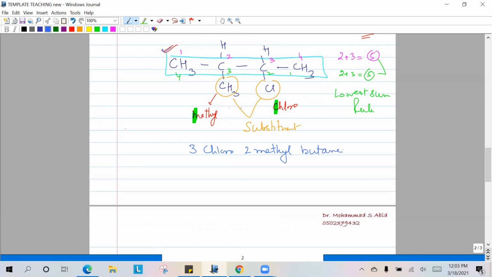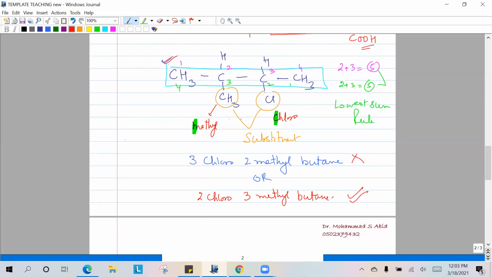The other way possible is you could have also written it as 2 chloro if you were considering the green way of numbering. So you would have said 2 chloro, 3 methyl, butane. Now if you compare, the first is more appropriate. Why? Because either way, the lowest sum is the same, so you can prefer any way of numbering.